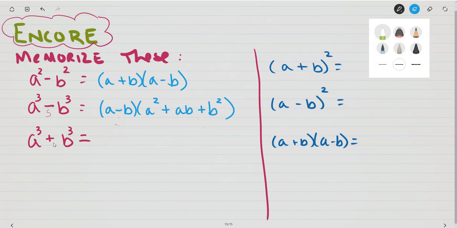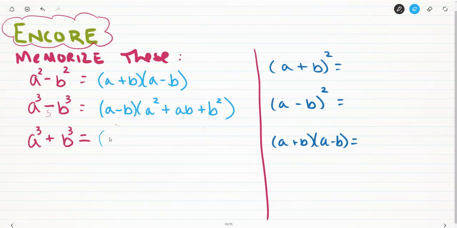And then for a cubed plus b cubed, similar to what we have above, but now we're going to have the same sign as positive. The second sign, the opposite, is negative. Please make note that the coefficient of this second term is a 1.